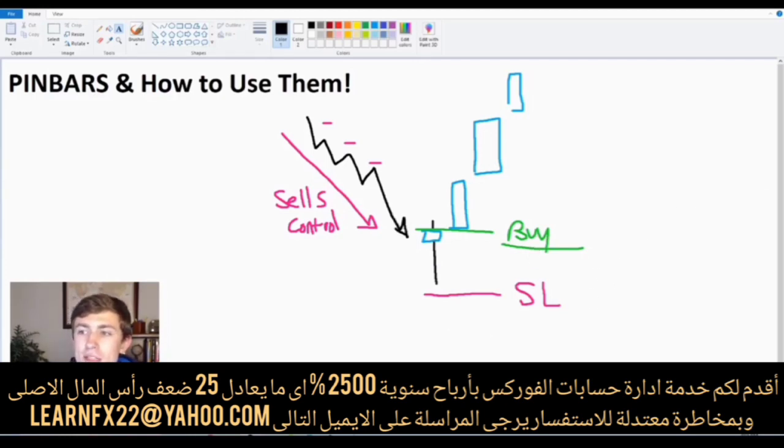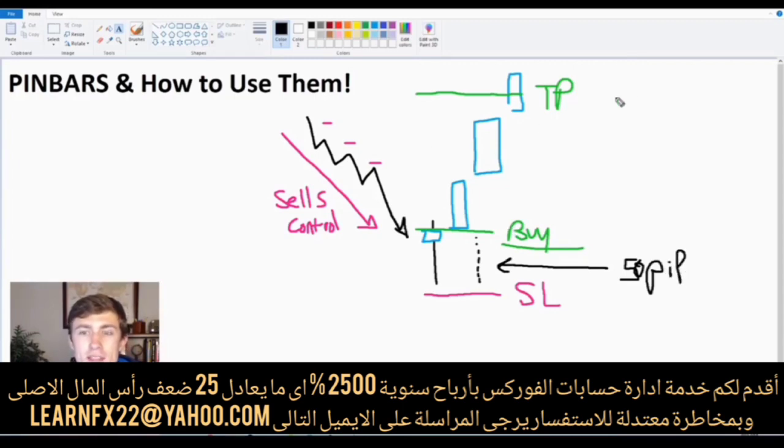Where could we put a target or a take profit? One way to do it that I personally would like to do is something like a 2-to-1, right? So we have, let's say that we put a target or a TP, take profit there, of 2 times that distance, okay? So we measure this distance, and let's say, for example, that this is a 50 pip stop loss, okay?